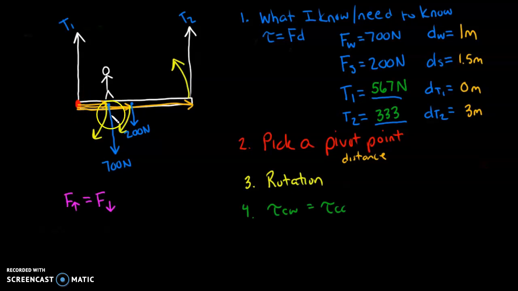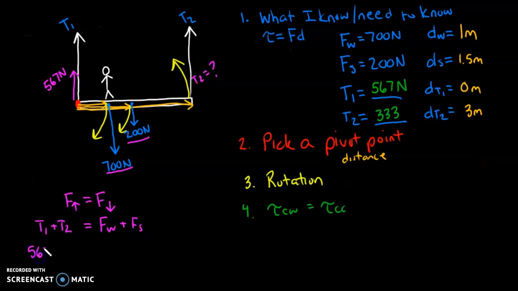So if I look here, I know this force down and this force down, and remember, we're rewinding here, I knew T1 was 567 newtons, but I didn't know what T2 was. I'd solved for T1 earlier, I didn't know T2 yet, and that's why we went through the whole process again. Well, forces up, what do I have up? I have T1 plus T2 equaling my forces down, the force of the washer plus the force on the scaffolding.